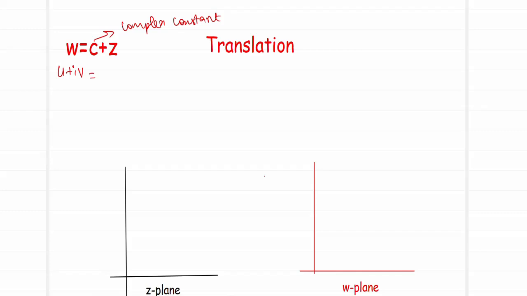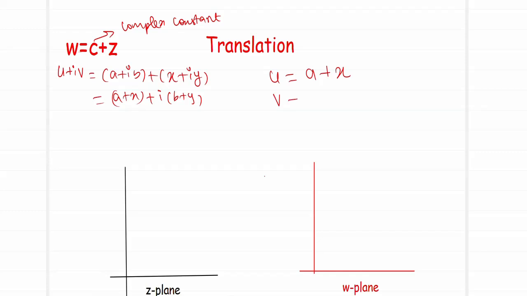So I can better represent this as say A plus iB, and Z is going to be our usual complex variable X plus iY. So now combining the real and imaginary parts, I have (A plus X) plus i times (B plus Y). Hence, I have my U to be equal to A plus X and I have my V to be equal to B plus Y.